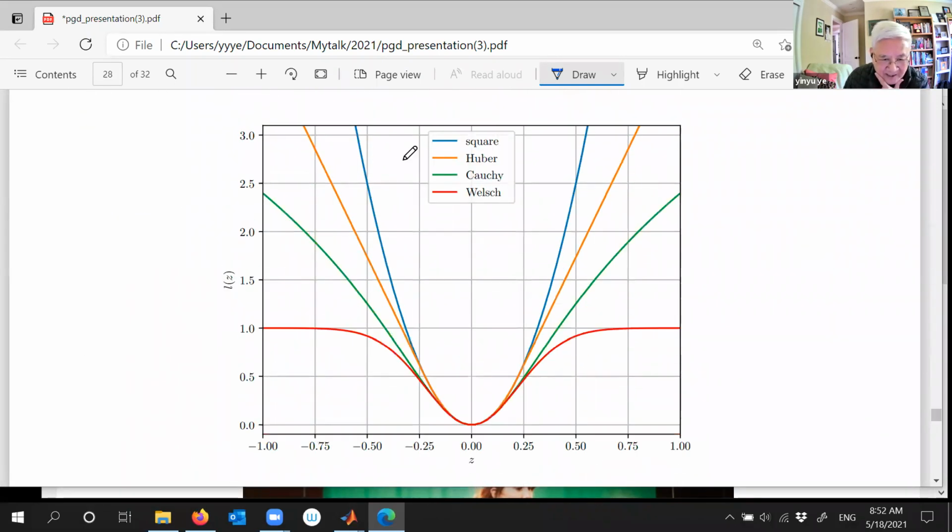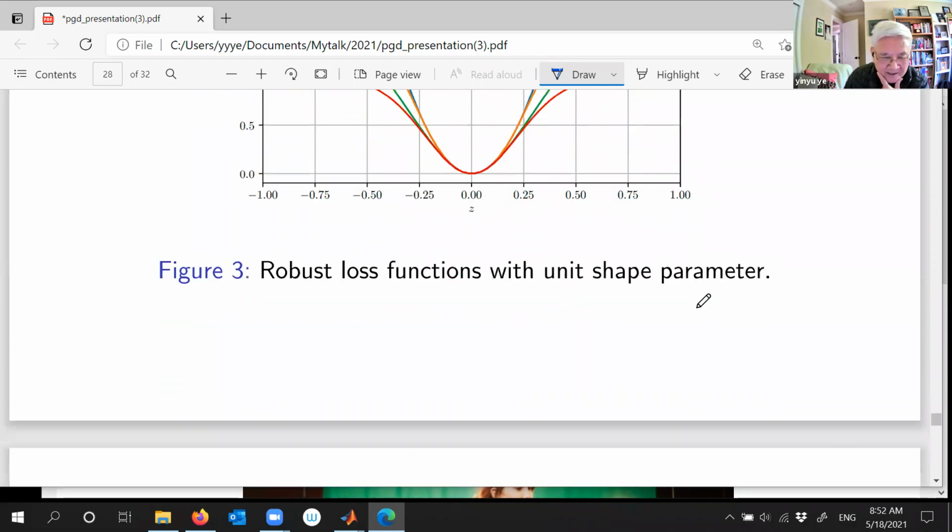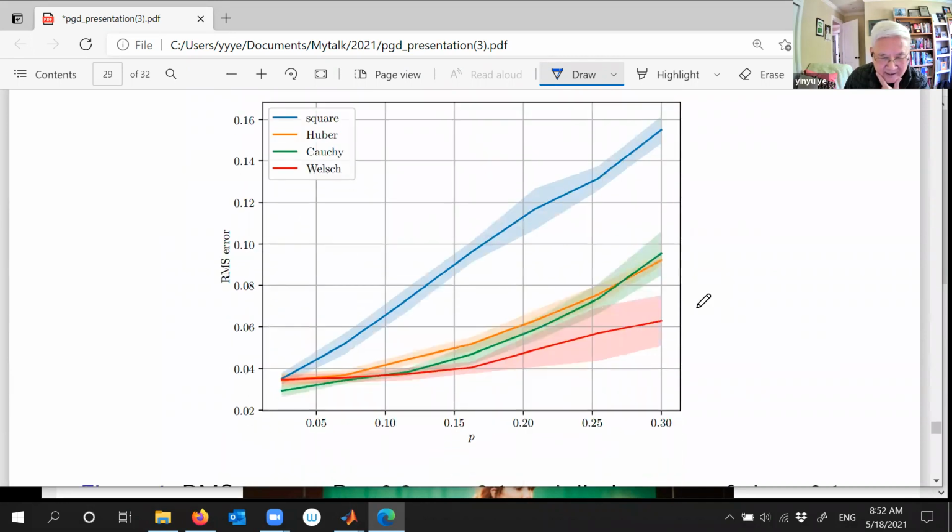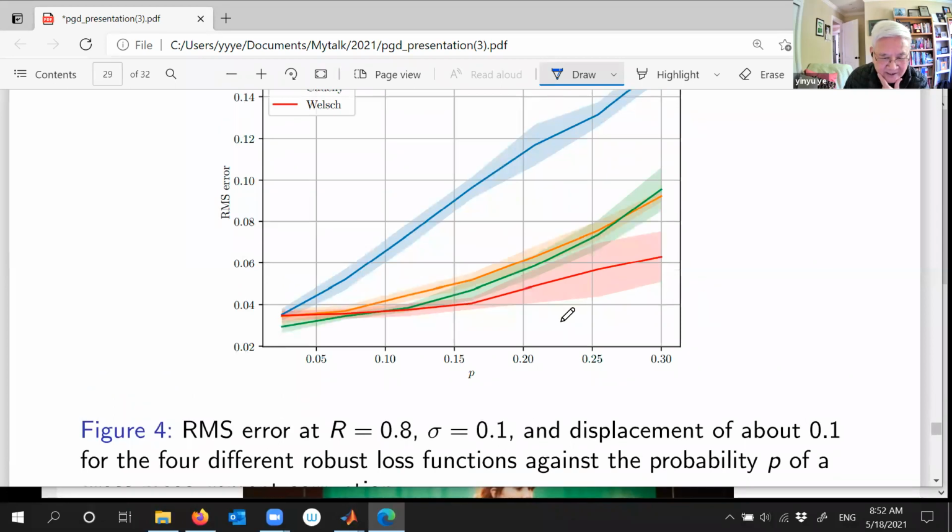Then we also test on different noise functions. Typically square, which is the most popularly used, and also different ones: this is the Huber, this is the Cauchy, this is the Welsch. Then we did the same error analysis as the perturbation increases.